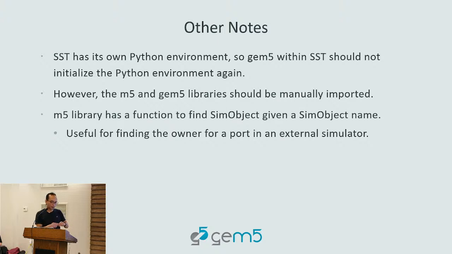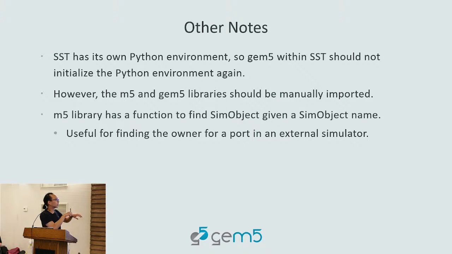One thing I found very useful for integration is this: when you set up gem5 and the other simulator, you need to link a component in the external simulator with a gem5 SimObject. So how do you find the gem5 SimObject?